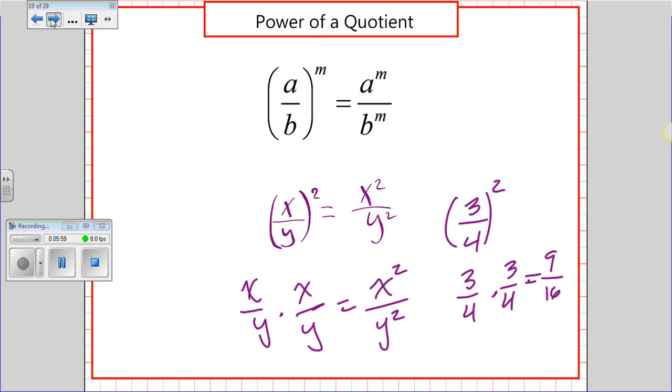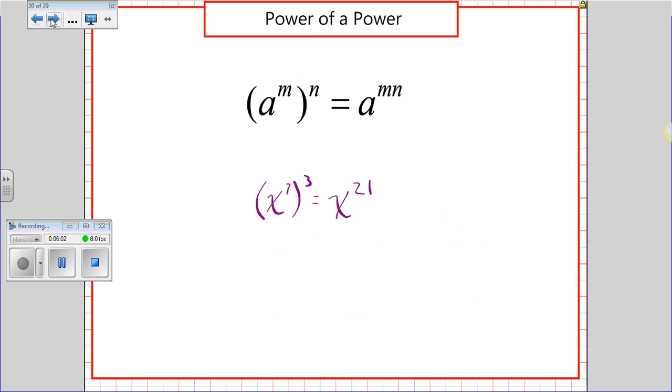All right, home stretch. The power of a power. So if I've got something like x to the 7th cubed, that means x to the 7th times x to the 7th times x to the 7th. I'm cubing it, so that means I take one thing and multiply by itself 3 times.